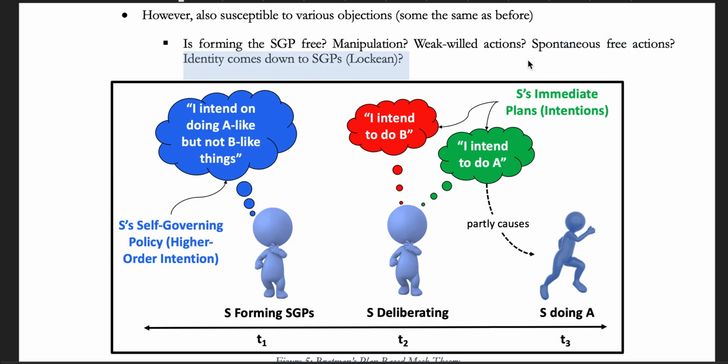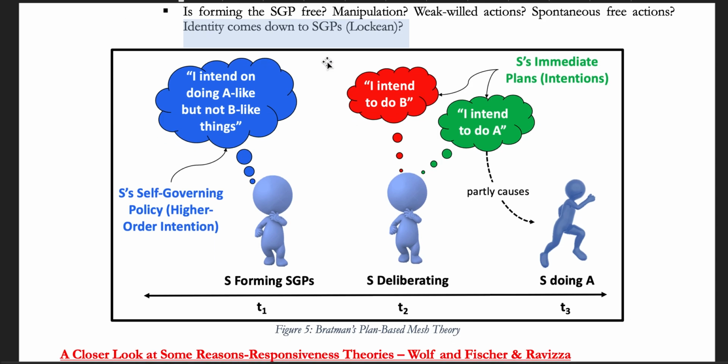It's going to be like an alien action. And if that action changes who you are, you've had literally an identity destroying action. And you, in a very real sense, become someone else. And that seems very odd. Or at least controversial.